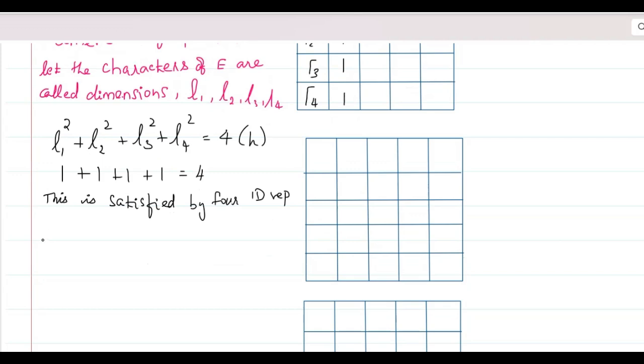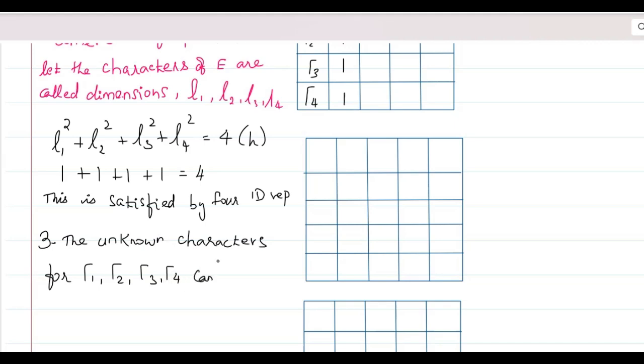The next step, let us consider the unknown characters for all the irreducible representations.